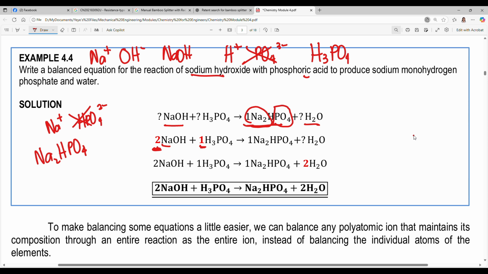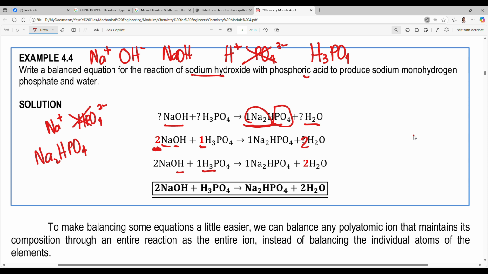Then for oxygen, we have 2 here also. 2 times 2, that is 4, so it is equal because you have 3 plus 1 hydrogen. So the balanced chemical equation is now this.